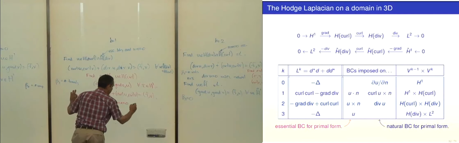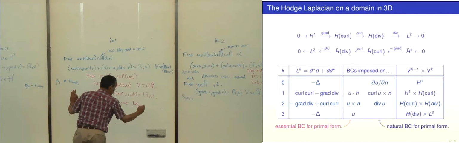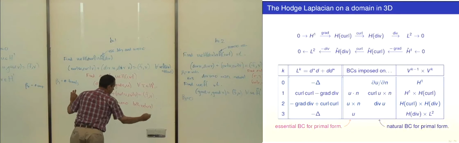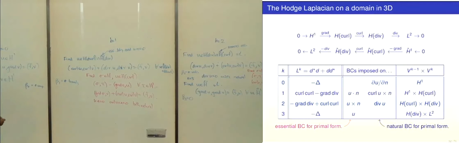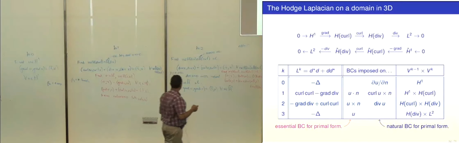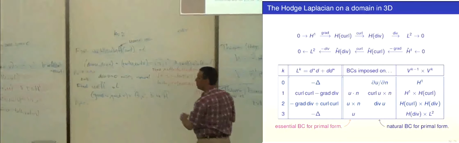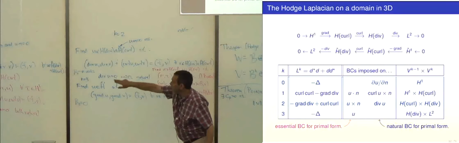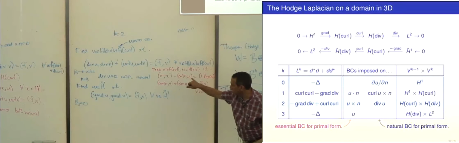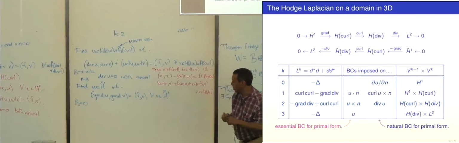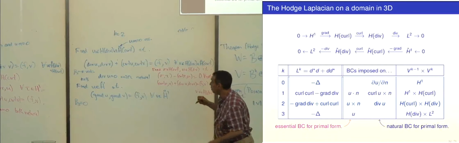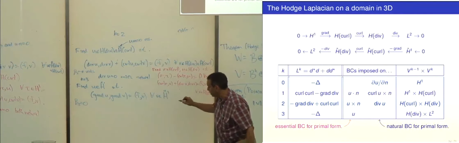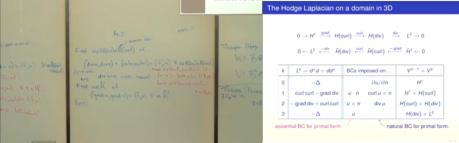But now they're both natural in the mixed formulation. And here we get the two boundary conditions that we had for this problem, namely u cross n and div u is 0, but they come naturally from these two terms, this term and this term. So again, in all these cases, the boundary conditions are natural for the mixed formulation.